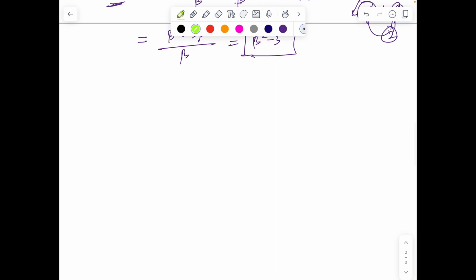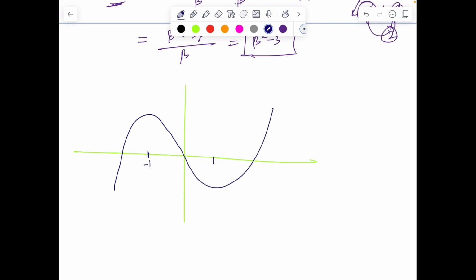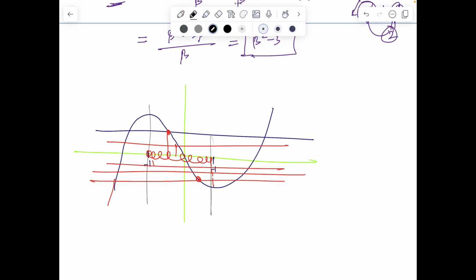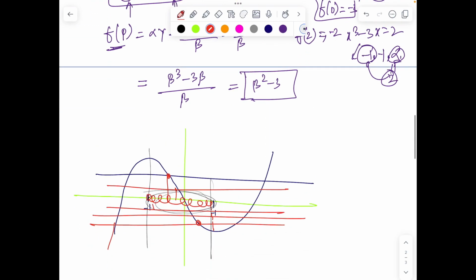So let me draw this diagram for the function. As you can clearly see, if I cut this function at any point, the mid root beta is definitely lying between this window minus 1 to 1. So you can cut over here, as long as it has got 3 distinct roots, right? Because this is the ultimate barrier, beta will flow between minus 1 to 1, and that gives a very nice result.